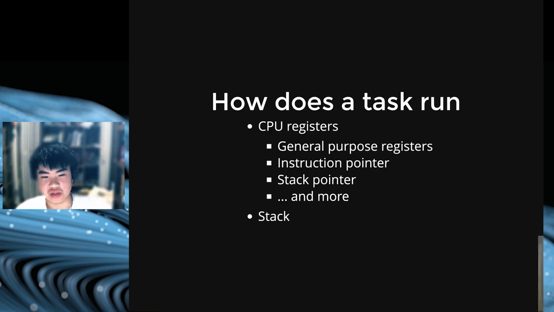And aside from registers, the second part that most programs or tasks have, although it's not strictly required, is a stack. So the stack stores stuff such as larger data, think like a struct that is too large to be stored in a register. Most registers are 64 bits, by the way.